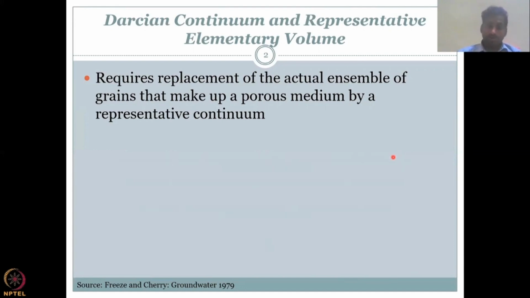We also would like to understand that the reality is we have solid grains and inside that there are pore spaces. So water would move not in a continuum, but it goes down, up, and then sometimes gets connected, sometimes it doesn't.